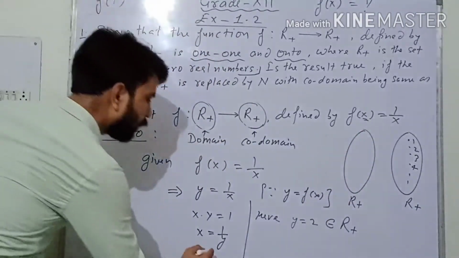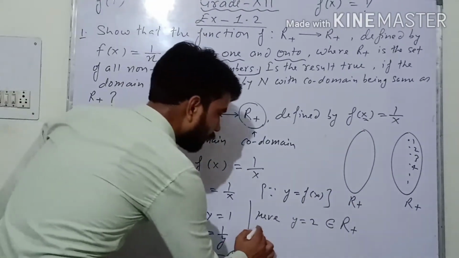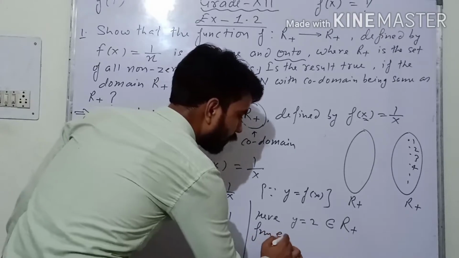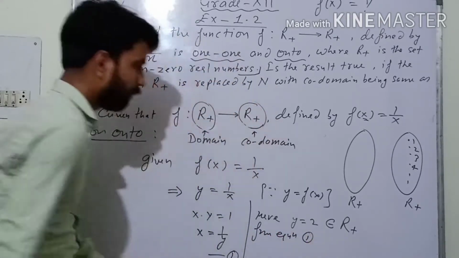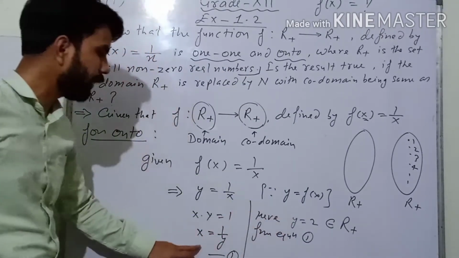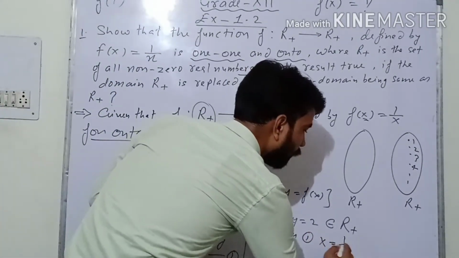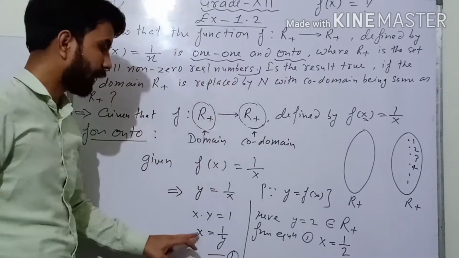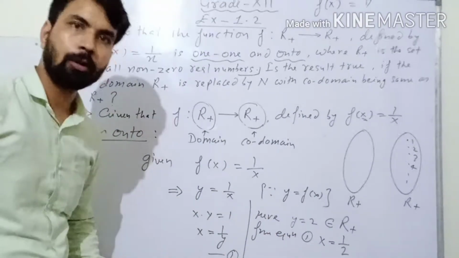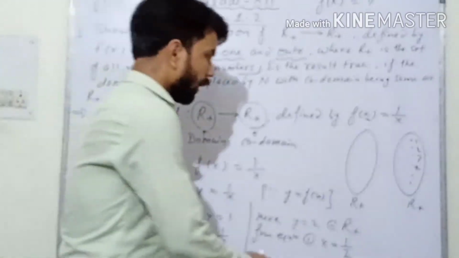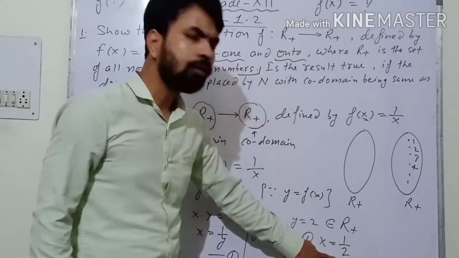Okay, now from equation number 1, we will substitute this value of y in the first equation. So x equals 1 upon 2.